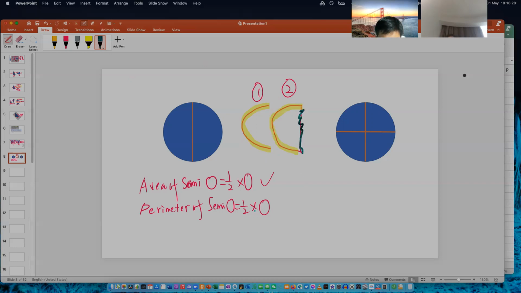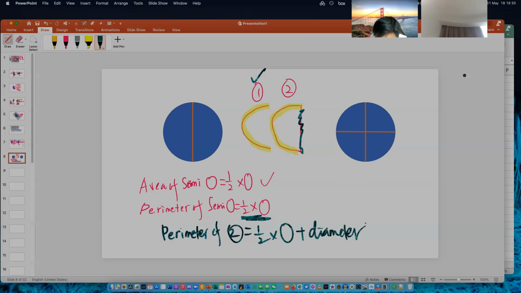So this formula is actually for figure 1 here. If you want to find the perimeter of figure 2, you need to take half times the circle and then plus the diameter. This is one thing you need to take note.